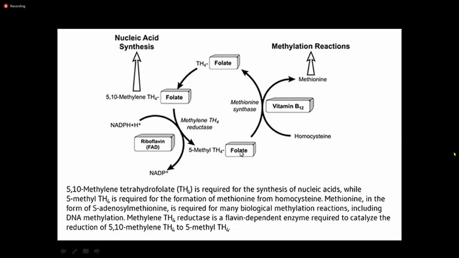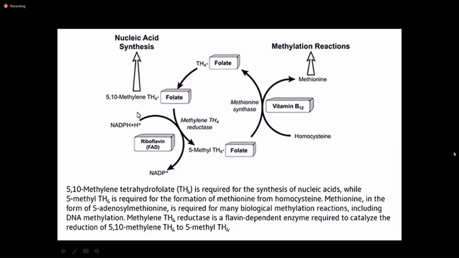This methyl tetrahydrofolate donates its methyl group to homocysteine and produces methionine, and this methionine further produces S-adenosyl methionine. S-adenosyl methionine is involved in the methylation reaction of DNA, RNA, and protein.